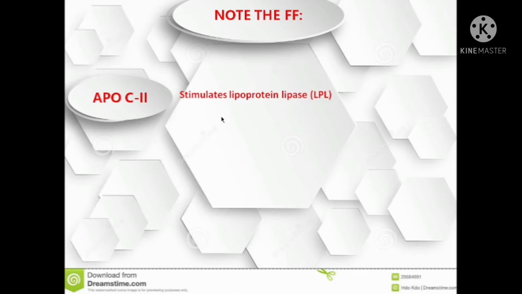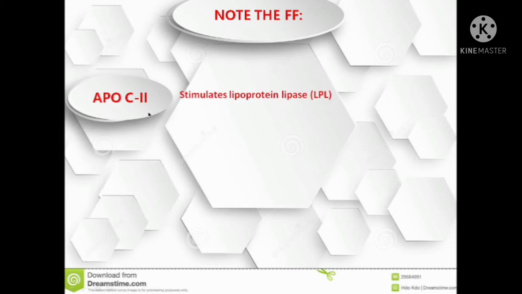Lipoprotein lipase is an enzyme which facilitates the hydrolysis of triglyceride to glycerol and free fatty acids, so that the free fatty acids can be taken up by the tissues and some adipocytes in the body. So always remember that ApoC2 stimulates lipoprotein lipase. Very, very important.